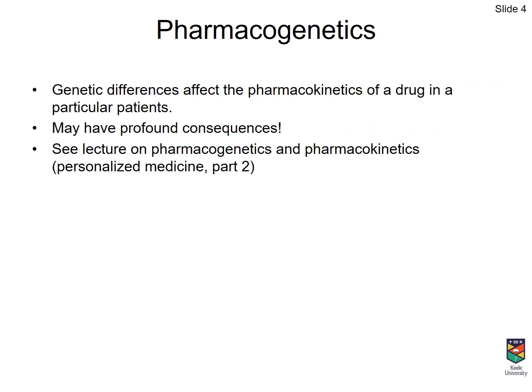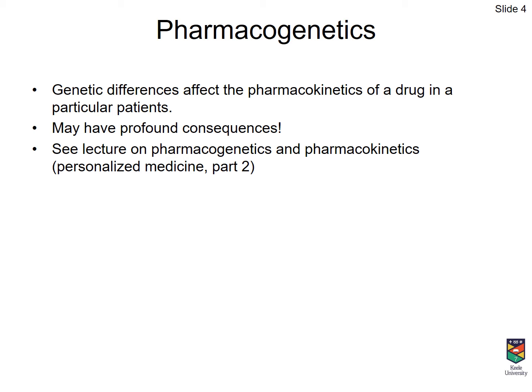Last semester we had a session on what we could call personalized medicine, and we saw how the genetic background of a patient could affect the pharmacodynamic effect of a particular drug. The genetic background of a patient can also affect the pharmacokinetics of a particular drug. So we then really need to consider how patients differ in their genetic background and how this might affect the pharmacokinetics of drugs.